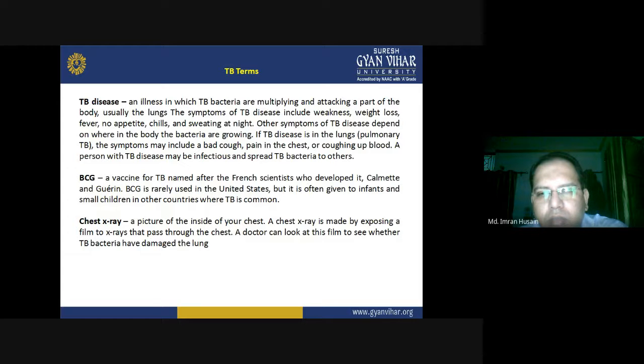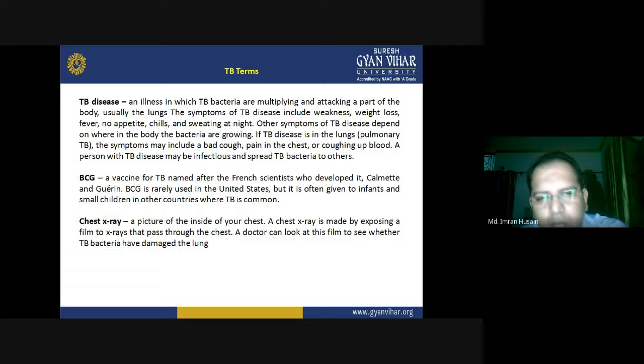Other symptoms depend on where in the body the bacteria are growing. If TB disease is in the lungs, pulmonary TB, the symptoms may include a bad cough, pain in the chest, or coughing up blood. A person with TB disease may be infectious and spread TB bacteria to others.